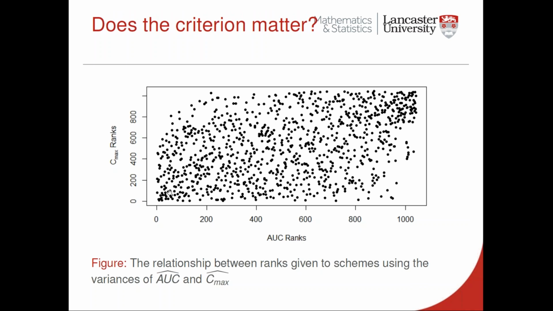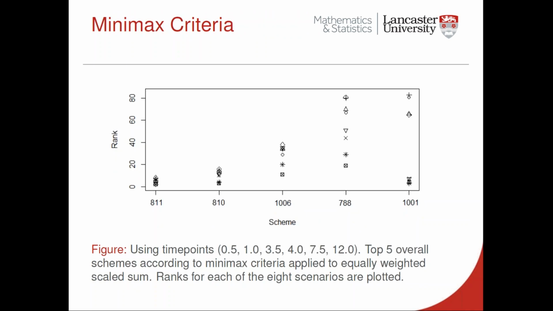You can see there is a bit of clustering towards the tails, closer to 0,0 and closer to 1,000, 1,000, where there are similar values, but in between there's a large discrepancy in which designs are optimal based on the criterion that you choose. In practice, that means you need to think about which one is more important for you if you have to choose one of them, or go the robust way and incorporate both of them in your optimality criterion.